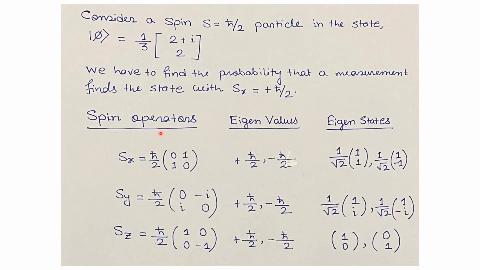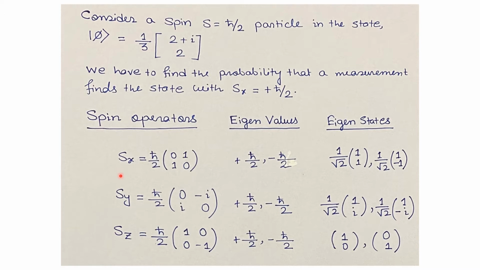Now we know the spin angular momentum of a particle has three components: Sx, Sy and Sz. These components are known as spin operators for the particle state. These operators can be represented as 2 by 2 matrices for a spin half particle.